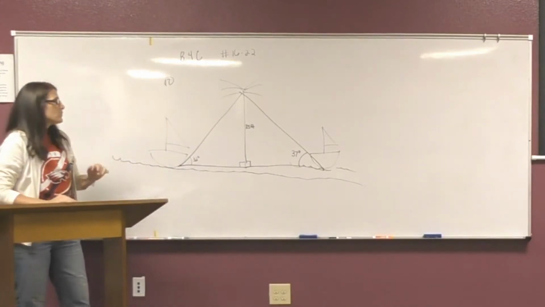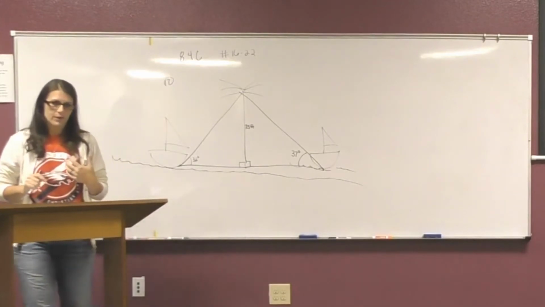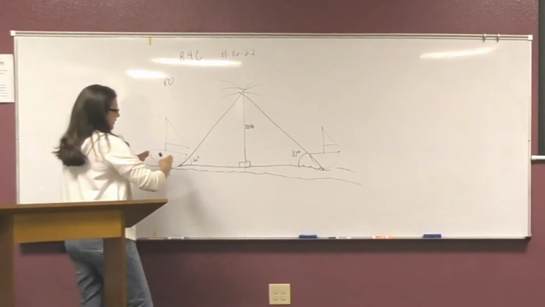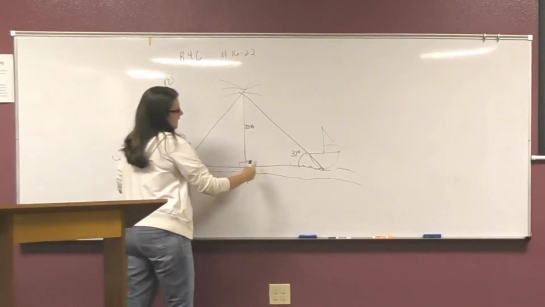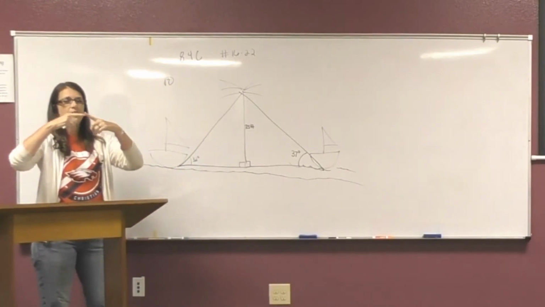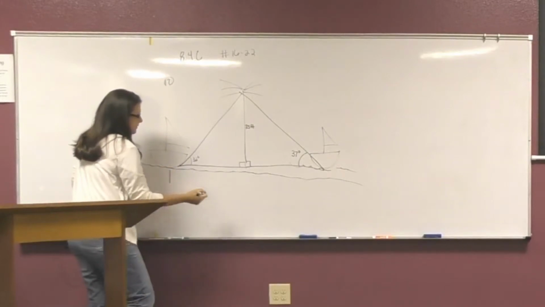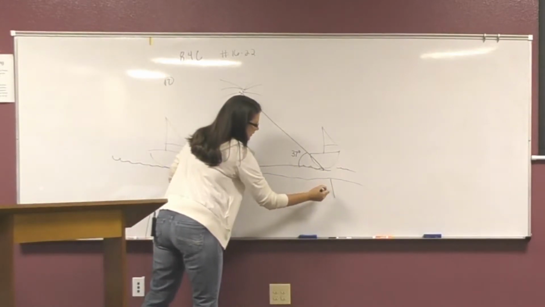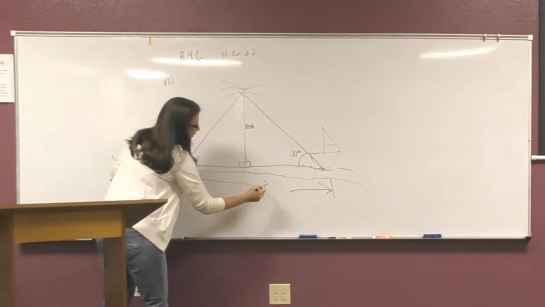Okay, so hopefully you can see the two right triangles in here. So however far this boat is from the lighthouse, and then however far this boat is from the lighthouse, those two numbers added together is going to be how far apart they are from each other. This is from here to here. This is what I'm looking for.